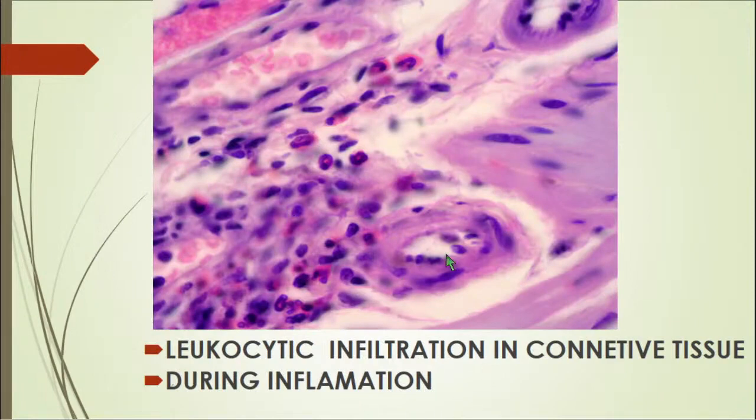So during inflammation, the blood plasma leaks outside and the cells also migrate. This is plasmorrhagia, and this is leukocytic infiltration. We have seen here different types of blood cells, also eosinophils and neutrophils are visible.